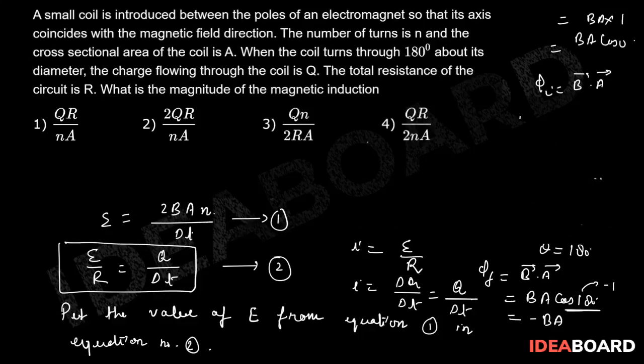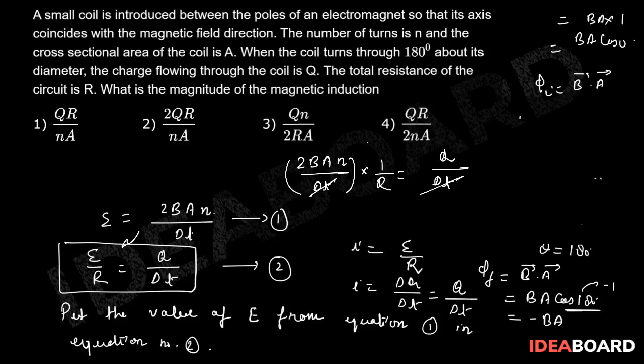So if you put the value of E from this equation into this equation, what do you get? You will get 2BA into n divided by delta T, this is the value of E, into 1 upon R, equal to Q divided by delta T. So this delta T and delta T will be cancelled out.